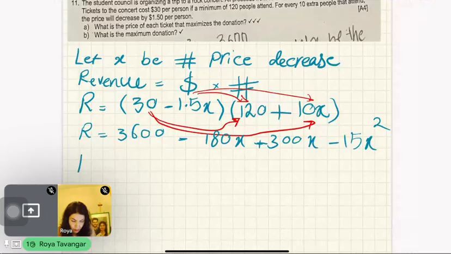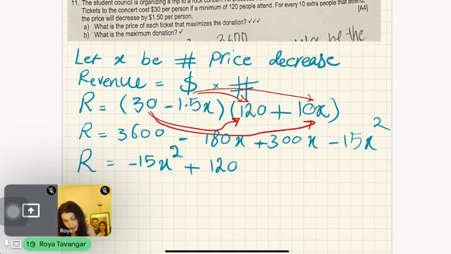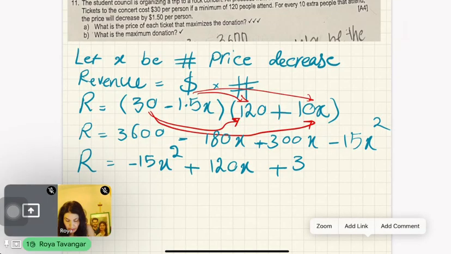So R is equal to negative 15x to the power of 2 plus 120x plus 3,600.